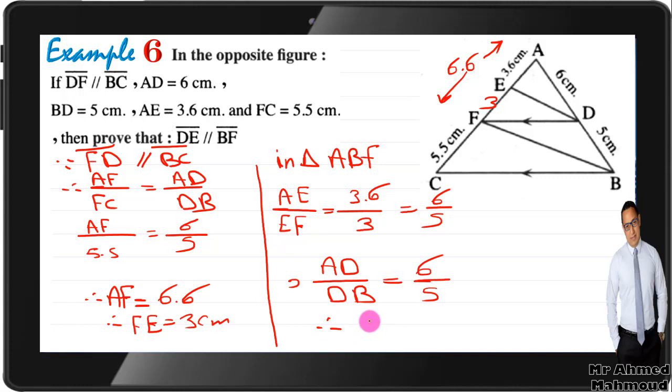Therefore, from the previous 6 over 5, 6 over 5, ED is parallel to FB. Okay, next question.